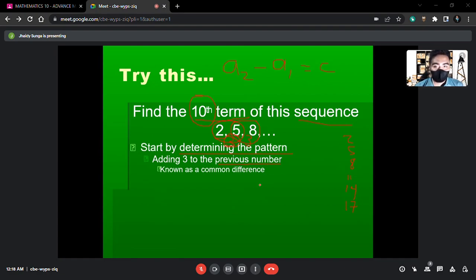It's 6 already. What's next? 23, 26. Next, 29. 1, 2, 3, 4, 5, 6, 7, 8, 9.